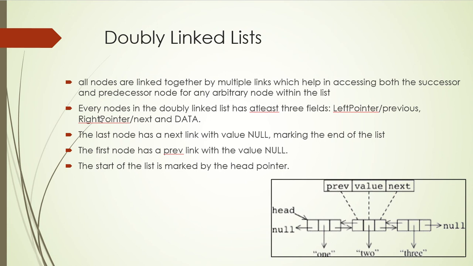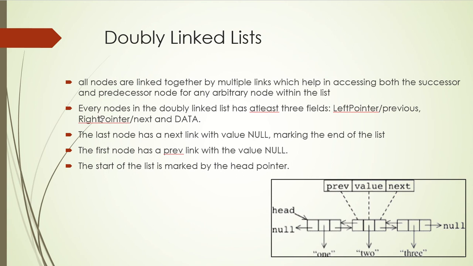So all the nodes in a doubly linked list are linked together by multiple links, or to be precise, two links. This helps in accessing both the successor and the predecessor node, or both the next and previous nodes, for any arbitrary node within the list.